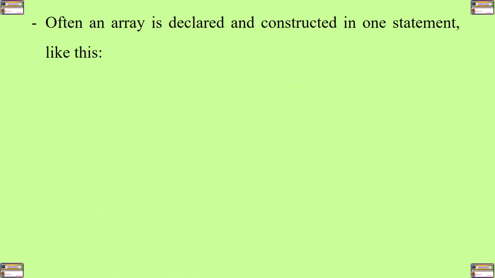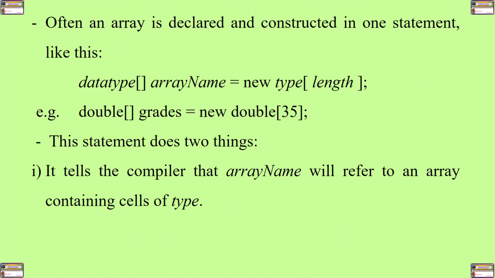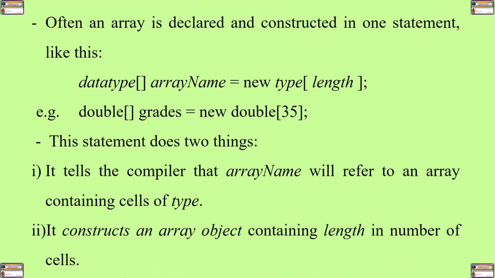We are saying that if you have this type of statement, number one, it is telling the compiler that the name of the array, called array name, is referring to an array containing cells of type. Remember, for length, we have enclosed 35.